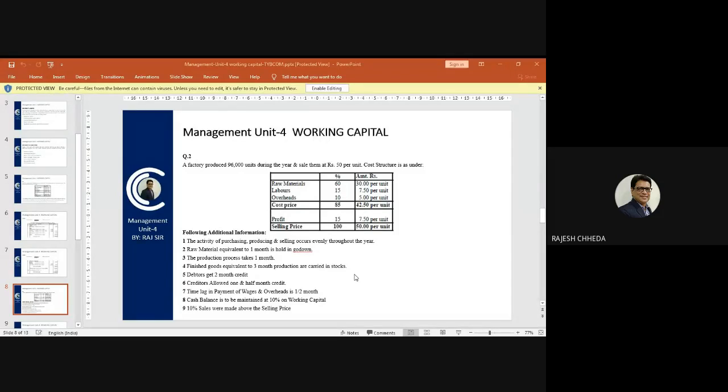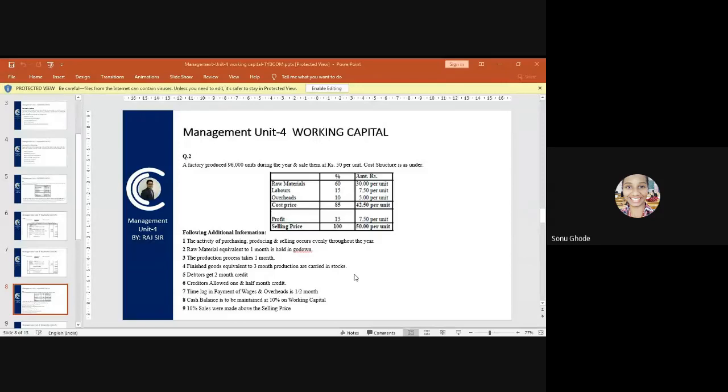So credit available is for half month. So outstanding wages will be 8,000 into 7.50 multiplied by half month, and overhead will be 8,000 into 5 into half month. Clear?